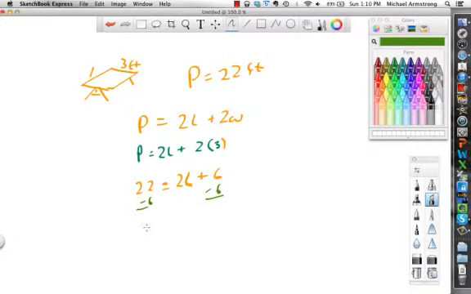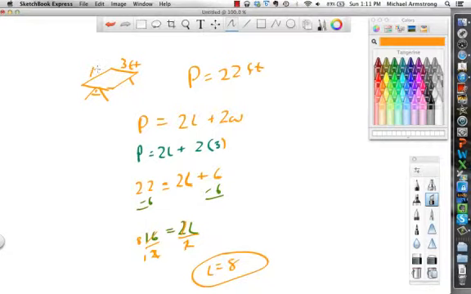So 22 take away 6 is 16, and that leaves me 2L plus 0, so I just leave that alone. And now I want to go back and divide both sides by 2. 2 halves becomes 1, and 16 halves becomes 8. It's like 8 ones, okay? So L equals 8, and I could put that back in.